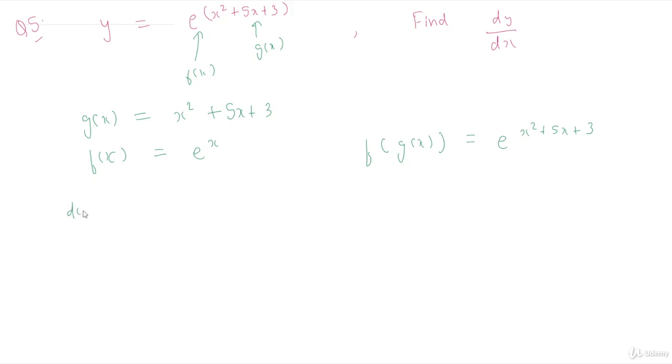From the chain rule lecture, we know dy by dx will be the derivative of the composite function with respect to the inner function, multiplied by the derivative of the inner function with respect to the input variable, which is x.